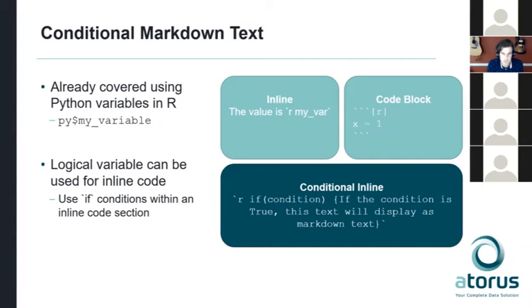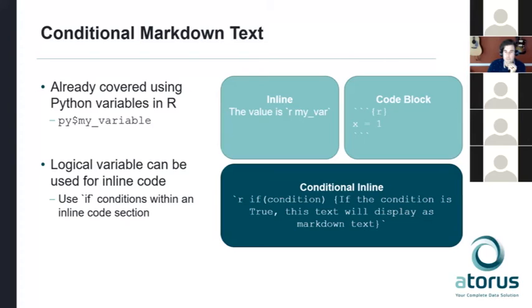You can write conditional statements. So below that, we have conditional inline. So basically, that is going to conditionally write something inline. So it's an R code block with an if condition. If you put a true-false variable in there, it's only going to write out what's in the brackets if that thing is true.